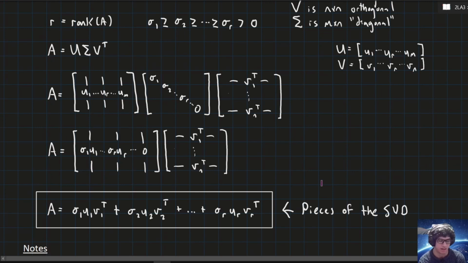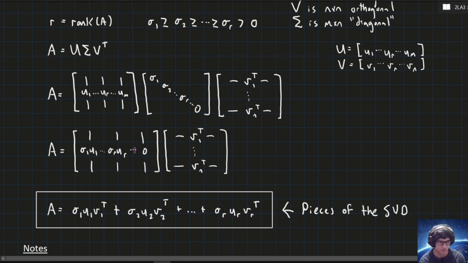When I take that sum, I get sigma 1 times u1 times v1 transpose, plus sigma 2 times u2 times v2 transpose, and so on, all the way up to sigma r times u r times v r transpose.